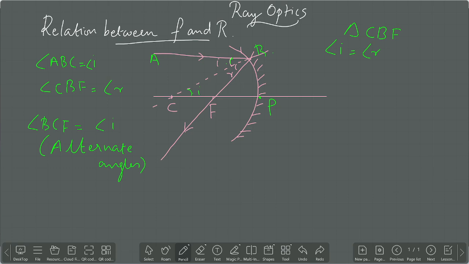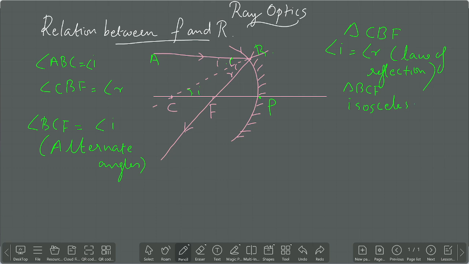This is called law of reflection. So what happened to that triangle? This triangle BCF is nothing but, according to the triangle property, isosceles.